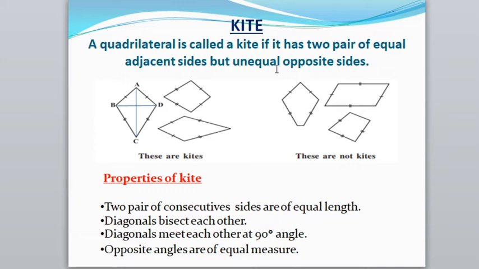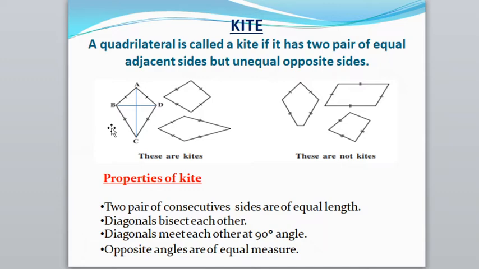It means in a kite there are equal adjacent sides but there are no equal opposite sides.